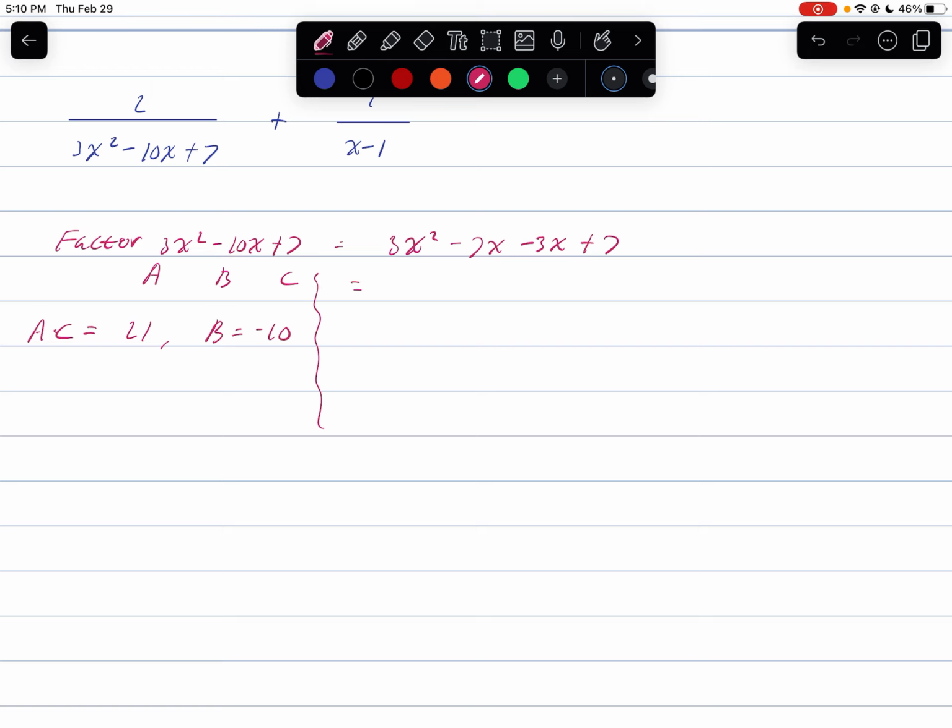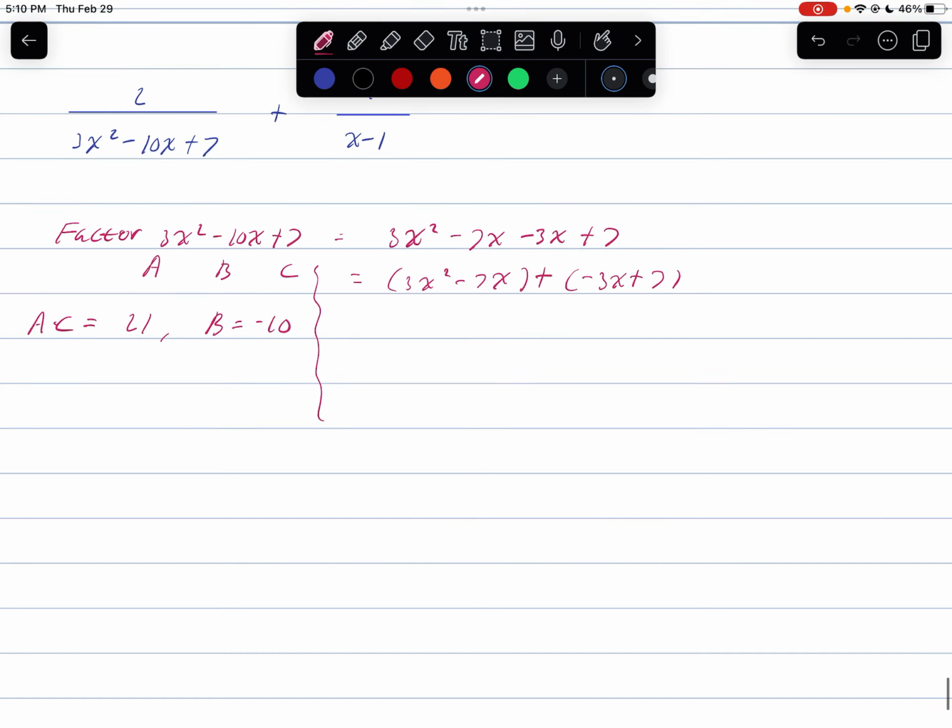Okay. And then if we write this with parentheses, we'll get 3x squared minus 7x plus negative 3x plus 7. So here we can go ahead and remove an x, so we have x times 3x minus 7.